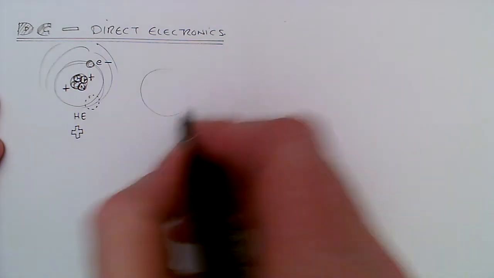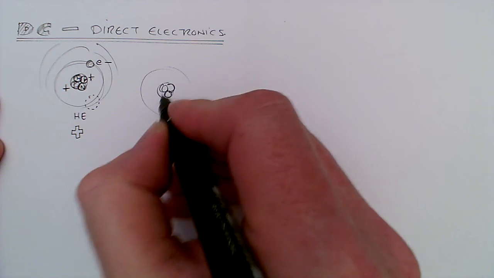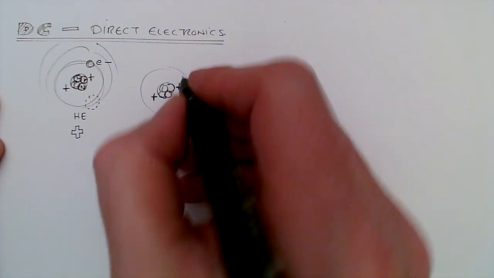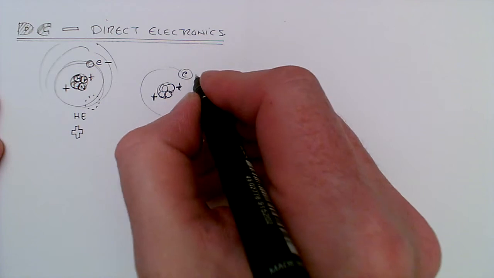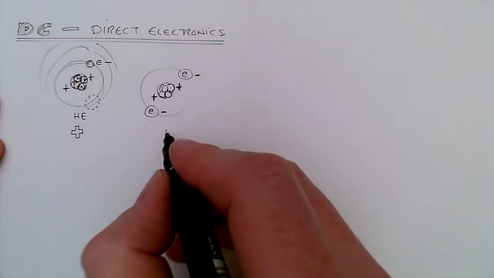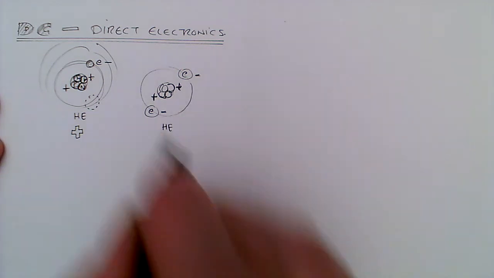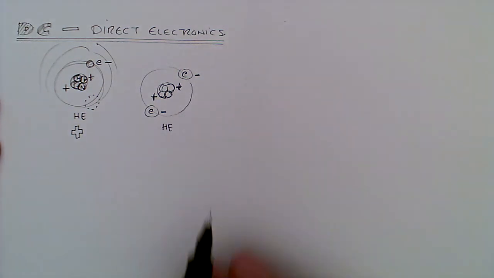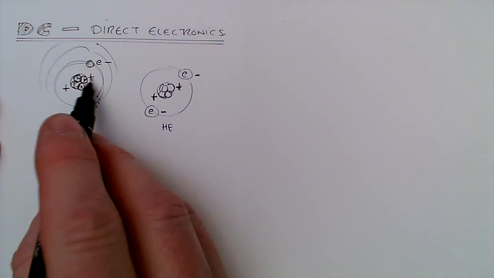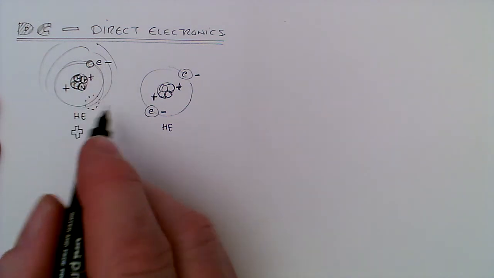If we had another atom here, there's 2 positive charges, there's an electron, there's another electron. Now that helium atom is neutral, it's neither positive nor negative, it's stable. This is an ion, and it's positively charged because it's two positives and 1 negative, so it doesn't balance out.